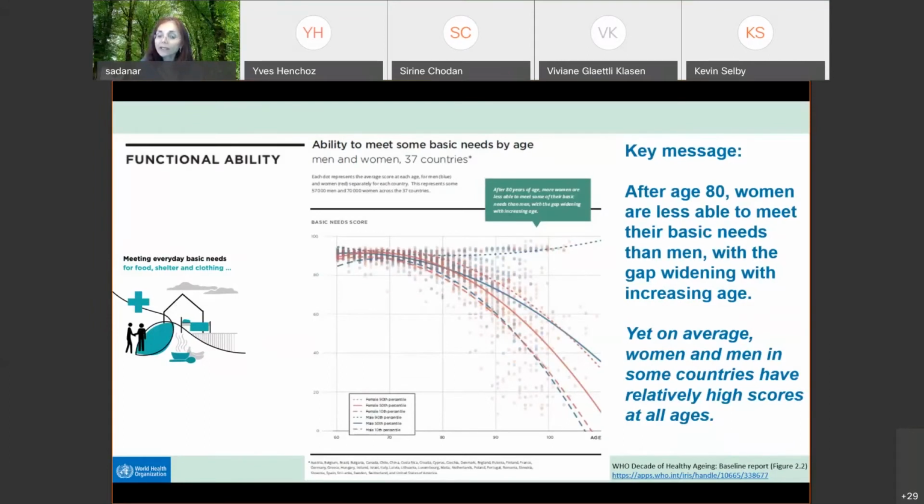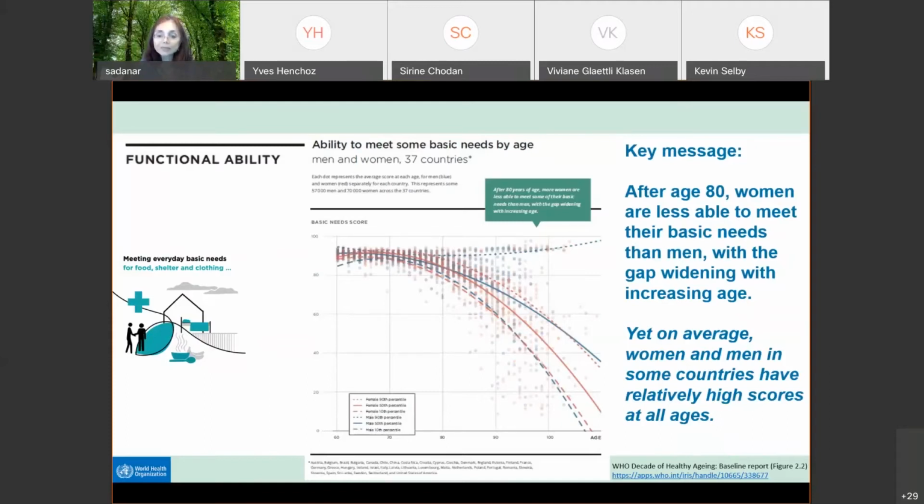However, in many high-income countries, because most of the data is from high-income countries, but not all, differences by gender are much more important than education levels. And this really points out the potential vulnerable situation of older women around the world.